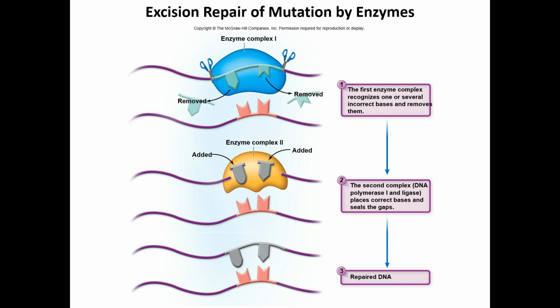What happens is this part of the DNA molecule gets cut out, those nucleotide bases get removed, and you get the correct ones added in. So this would be complementary to this, and this would be complementary to that strand, so you have complementary base pairs. Excision repair basically involves cutting and pasting: cutting out the bad part, pasting in the proper complementary bases, and making sure they're glued in place.